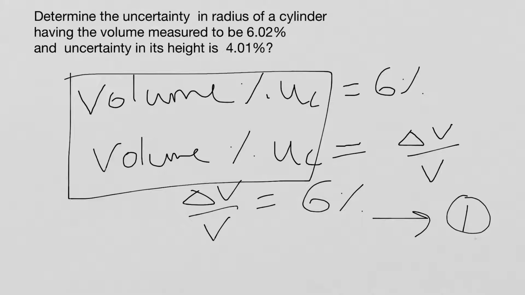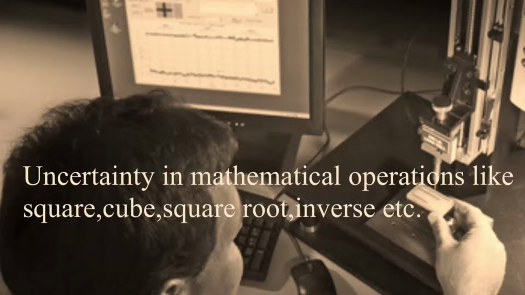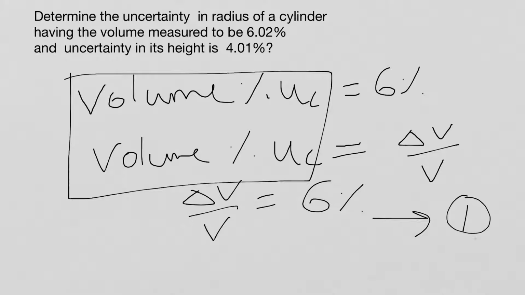Now we can do the same thing using height. In the question, they have given the percentage uncertainty in height as 4.01%.